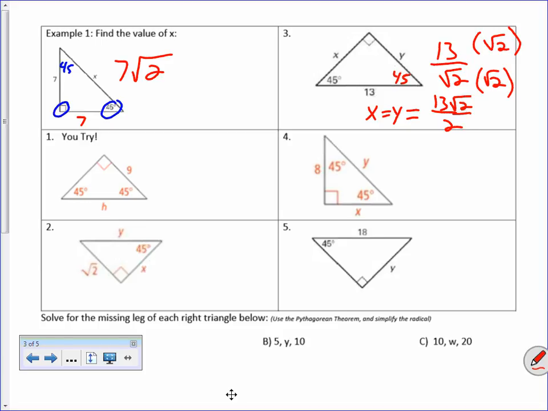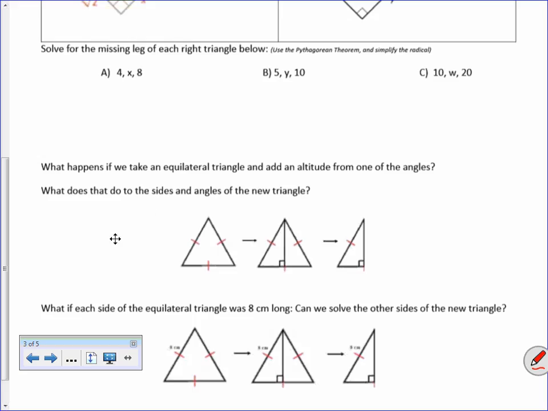I'm gonna do one of the examples from down here. I'm gonna do A. Okay. Solve for the missing leg of each right triangle below. Okay. Now, if we were to solve using the Pythagorean theorem, right?